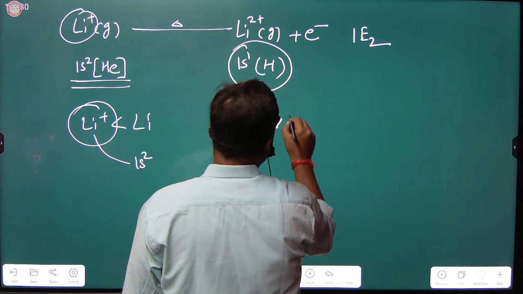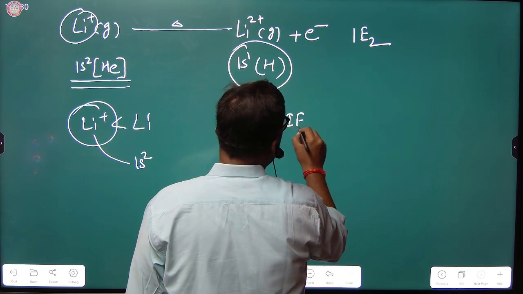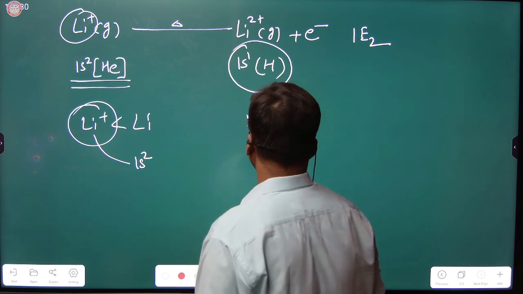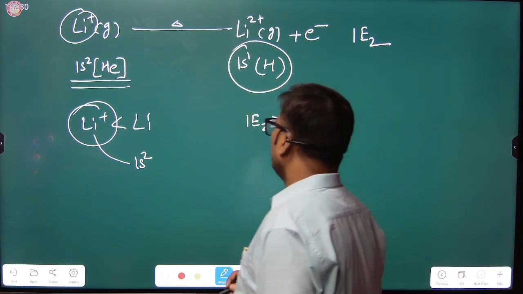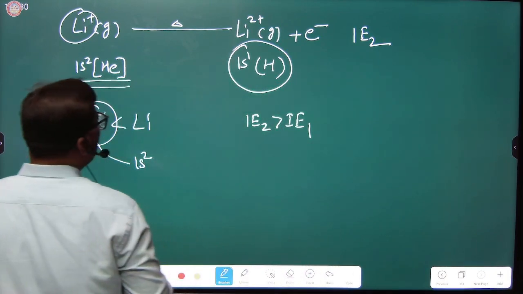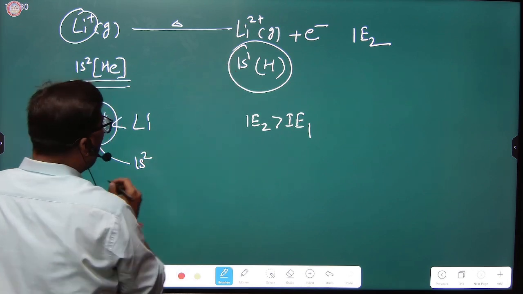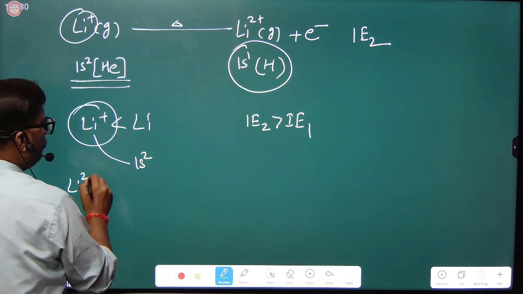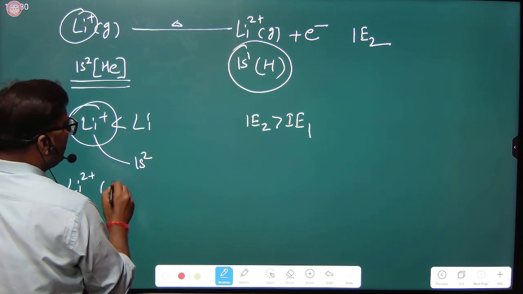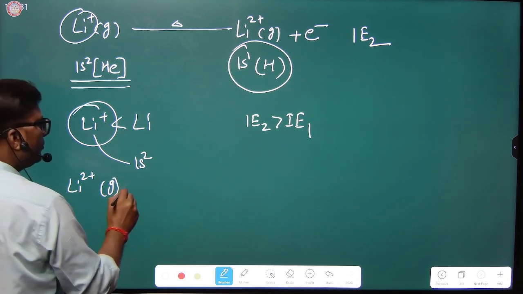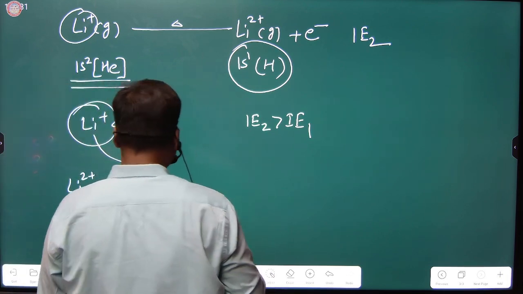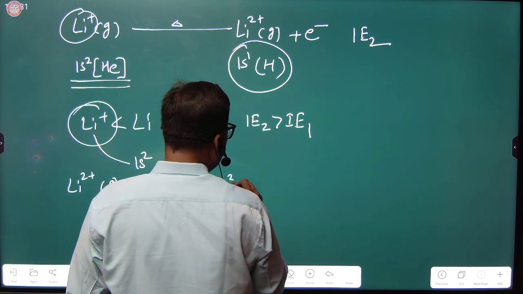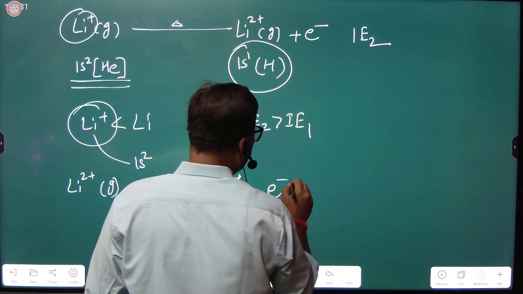IE2 is greater than IE1, right? Now if you think about the third ionization energy, then Li2+ gaseous, through the supplement of heat energy, gives Li3+ plus an electron.